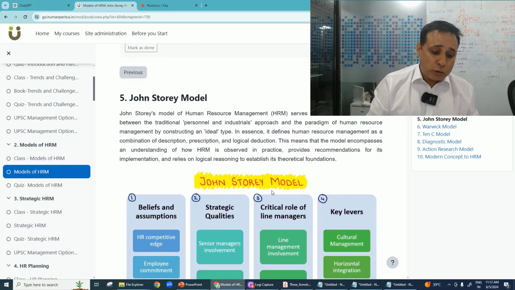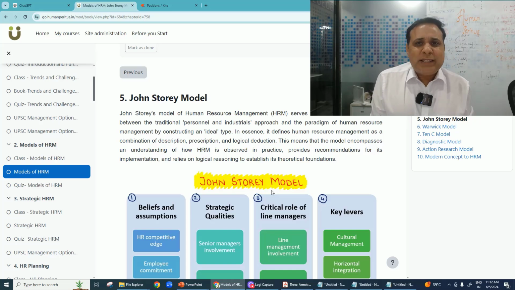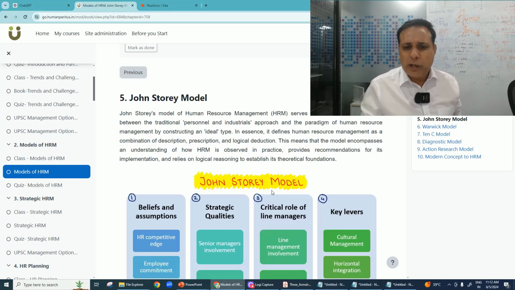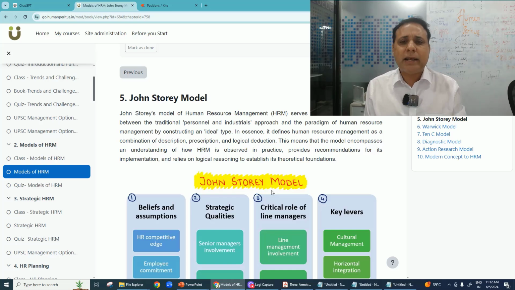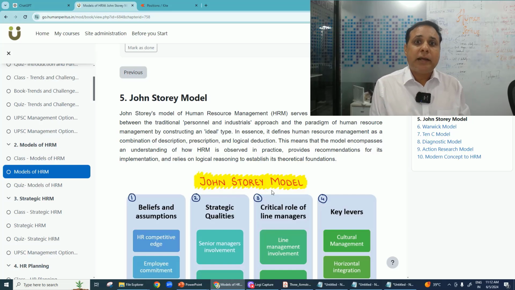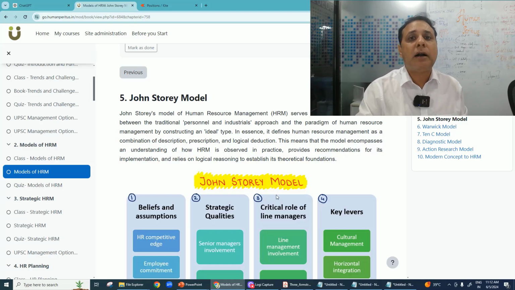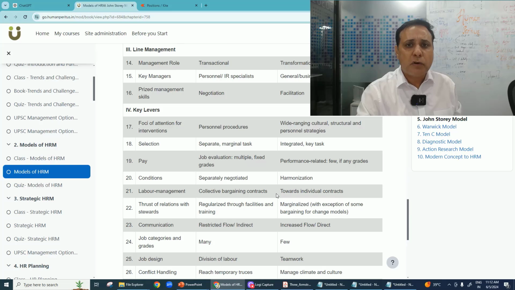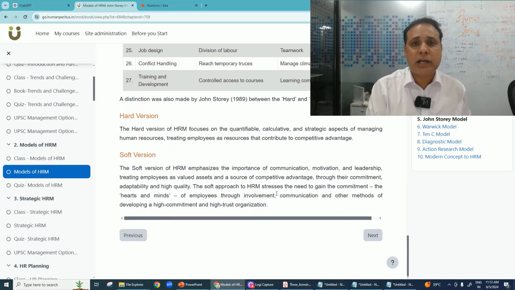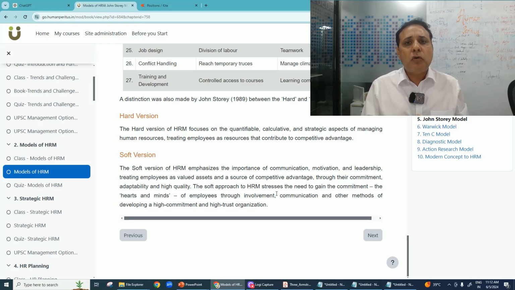Okay. So guys, what is this model? John Storey model looks very complicated, but primarily it has done two things. Number one, John Storey for the first time created a difference between soft HRM and hard HRM. So what is soft HRM and what is hard HRM? Hard HRM is more production oriented, soft HRM is more employee oriented.